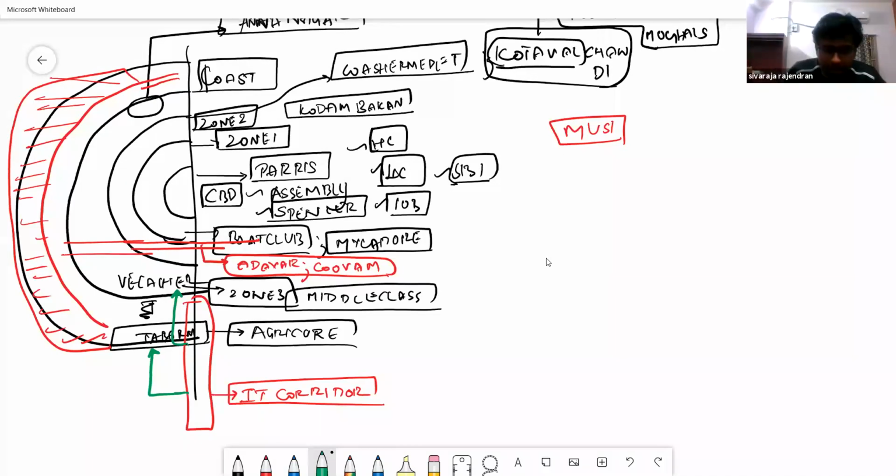But again, next point, we did not stop there. Next point, look at the metro, they have arranged it very well. Metro will come like this.